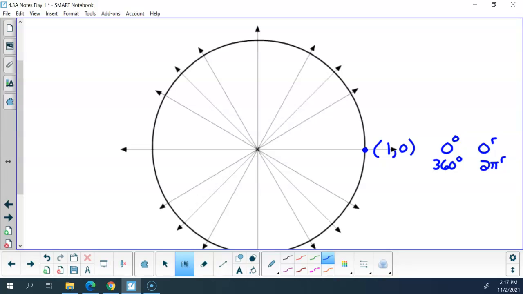Now let's take our circle and let's cut it in half. So what is half of 360 degrees? 180 degrees. Where would that be? Straight to the left. How many radians is that? Pi radians.